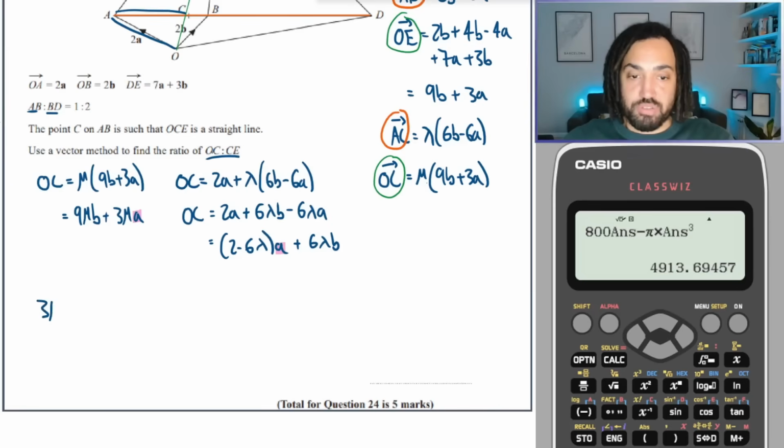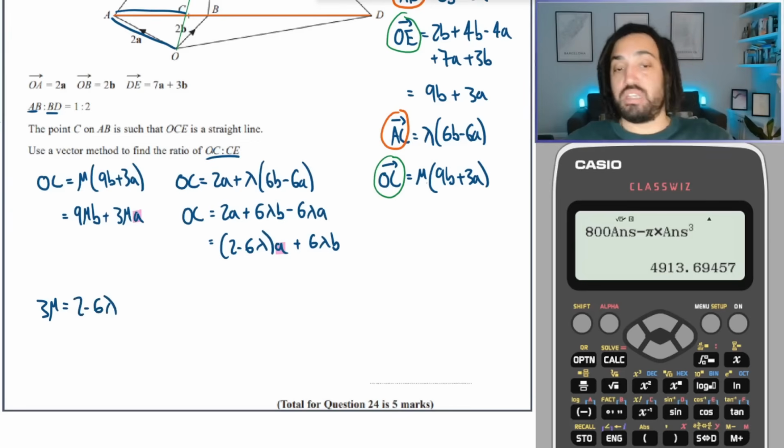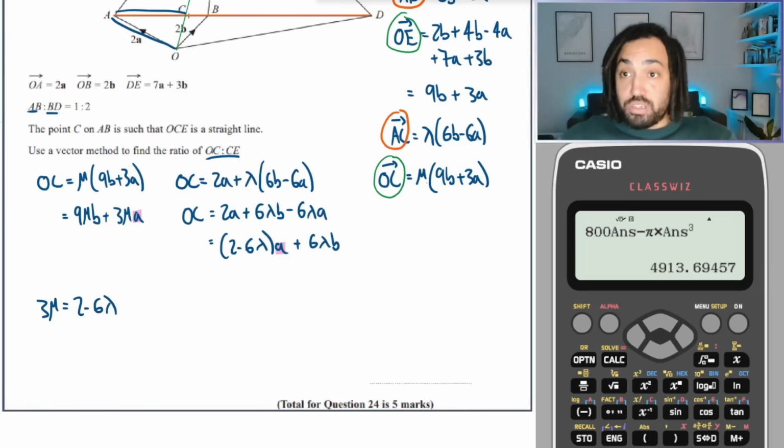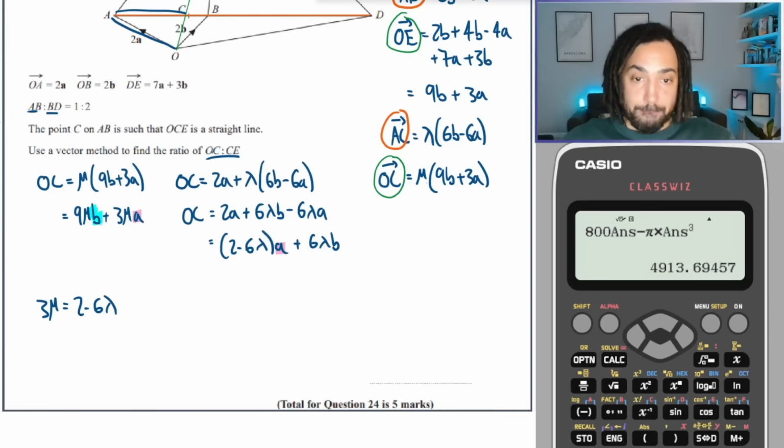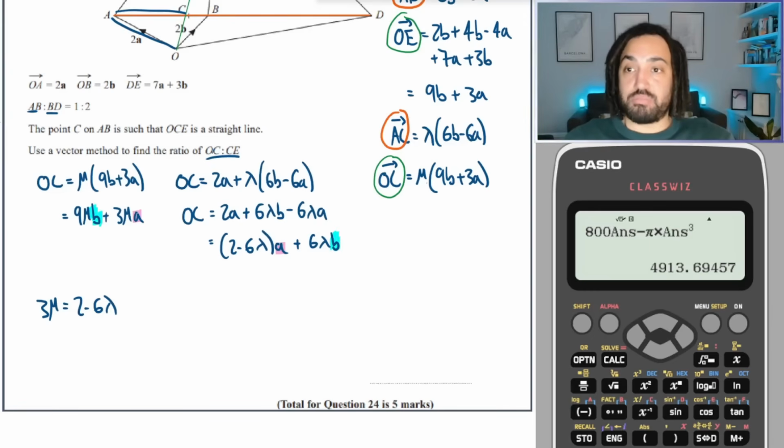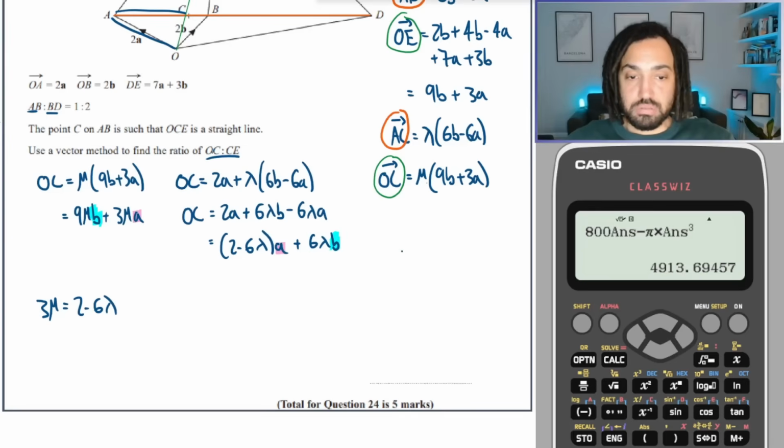So that tells me that 3 mu must equal 2 minus 6 lambda. And by the same token, the amount travelled along the B direction must be the same on both sides. So 9 mu must equal 6 lambda. 9 mu equals 6 lambda.